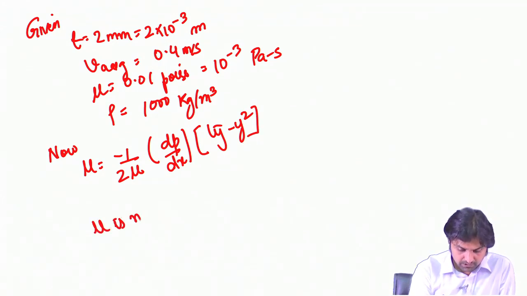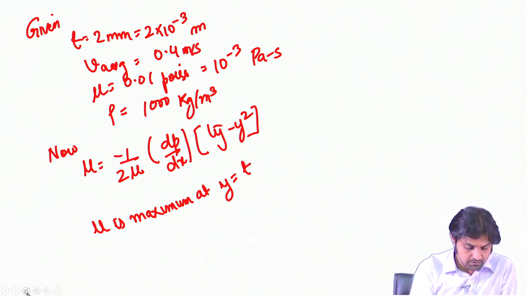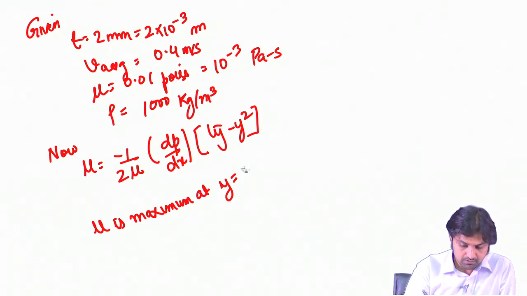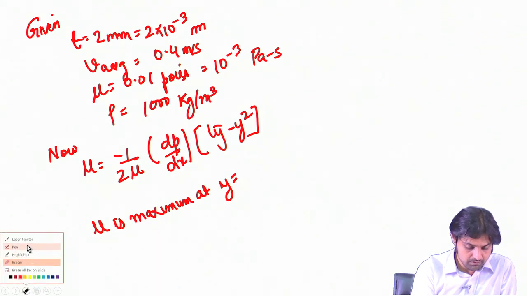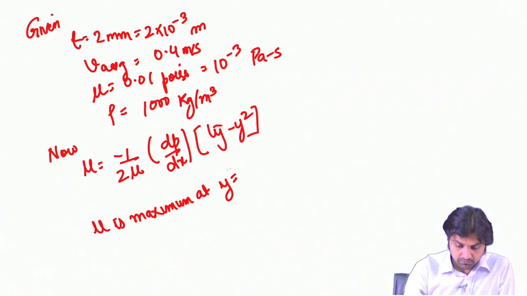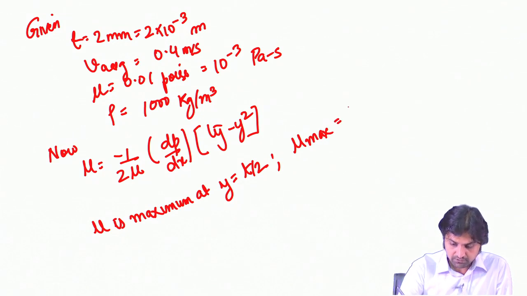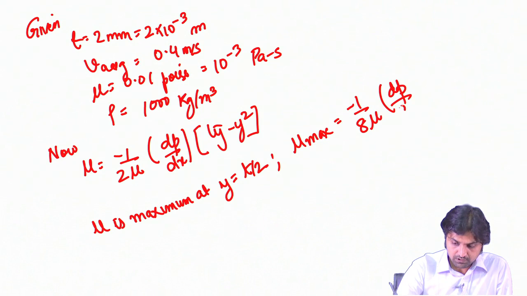U is maximum at y equal to T by 2. This means U max is equal to minus 1 by 8 mu dP dx into T square.